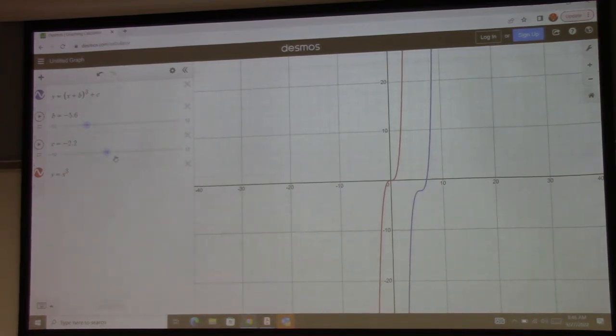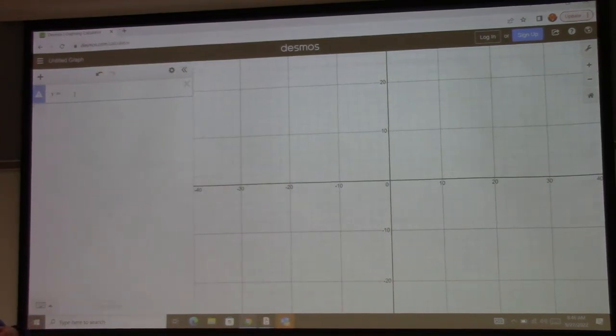Let me get rid of all this. Try a different example. Can we use Desmos for our testing? No. There's no computers on the test. But what you can use Desmos for is to check your work. Like if you don't understand what you should be seeing in your homework, you can easily load it up and say, oh, this is what I should be seeing. And I'd encourage you to use it in other classes where you're not really being tested on math.